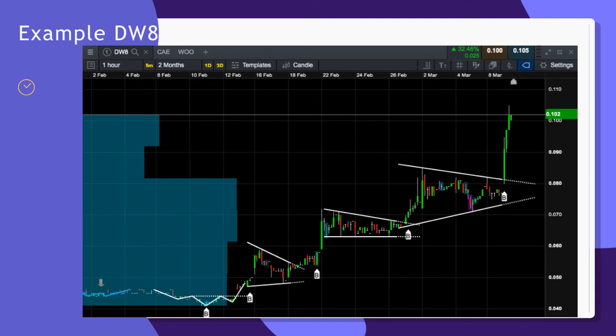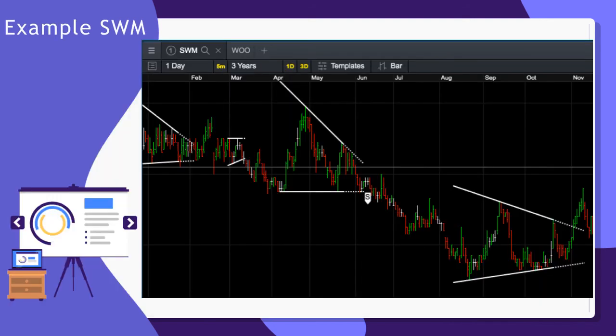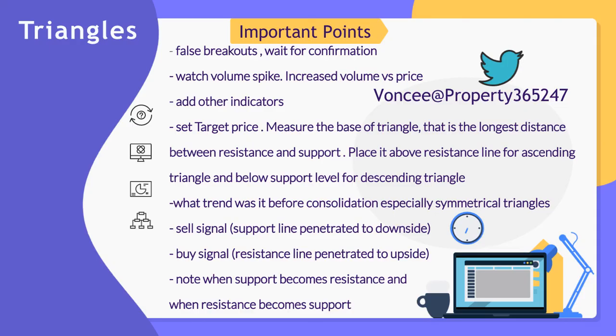Then another example I've got here, back again, SWM, just to give you a closer view, so you can see that descending pattern and the price falling there. You could have sold there and then started buying again lower. I remember seeing it at 11 cents, that sort of thing.